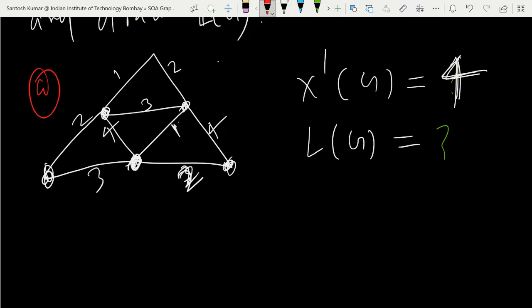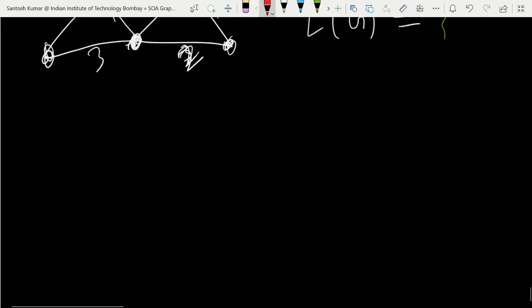And line graph, you know already what we do in line graph. So to get line graph, we convert edges into vertices. So if you name the edges like, let me make it again.